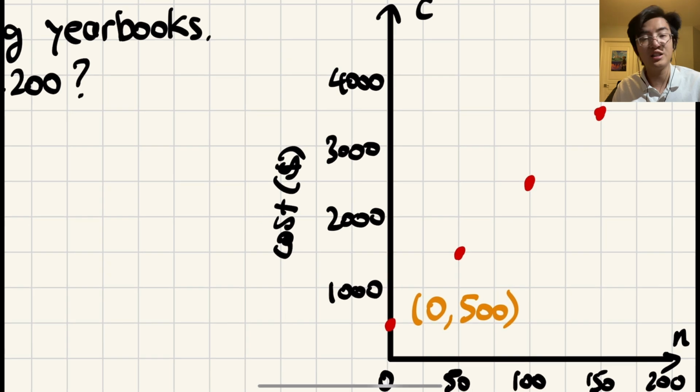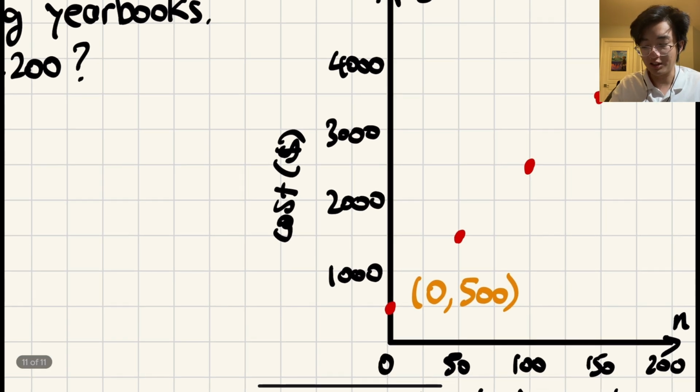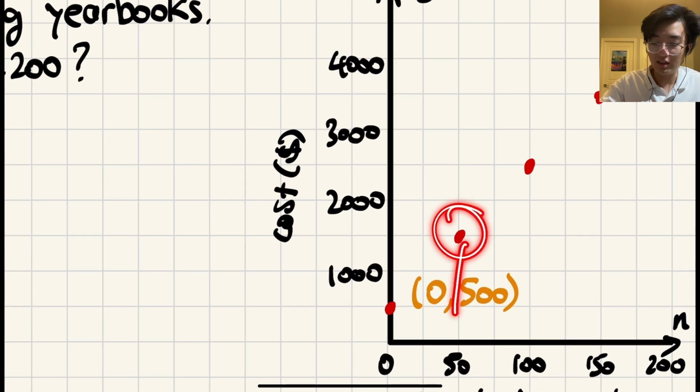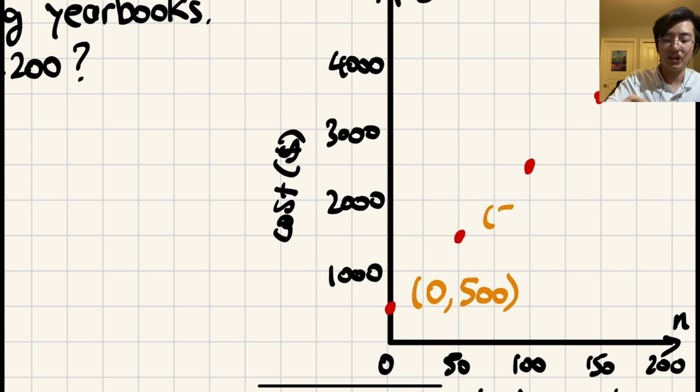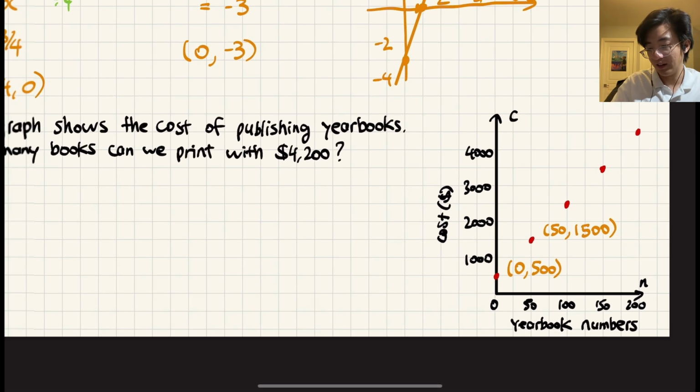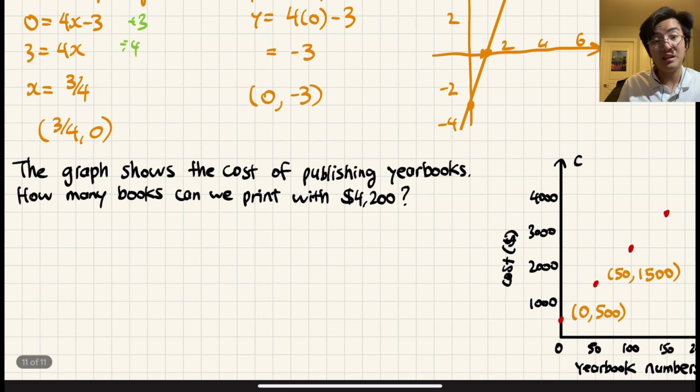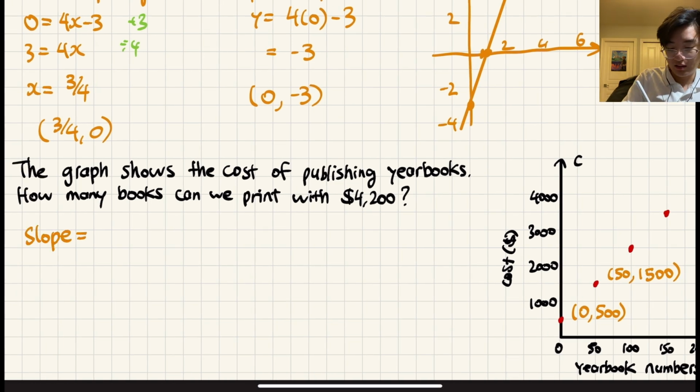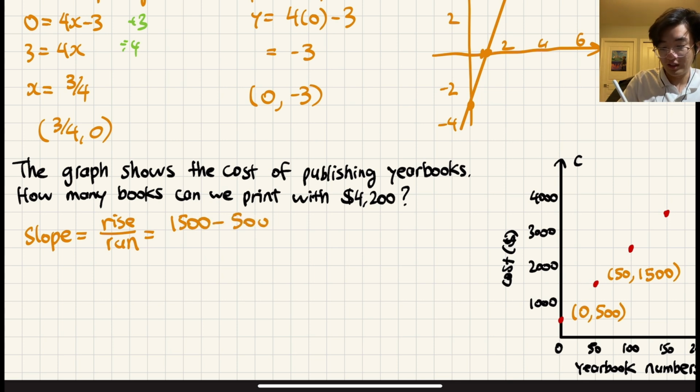And then we can take any point we want. We can take the closest point. In this point here, x is 50 and y is 1,500, sorry. Then we do our classic rise over run. The rise is the change in y value, so we're changing from 1,500 to 500, and the run is 50 minus 0.